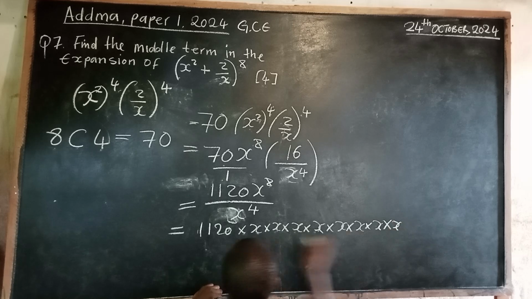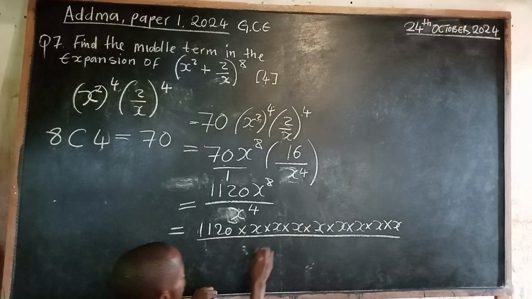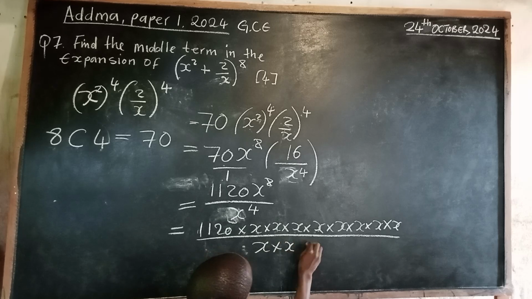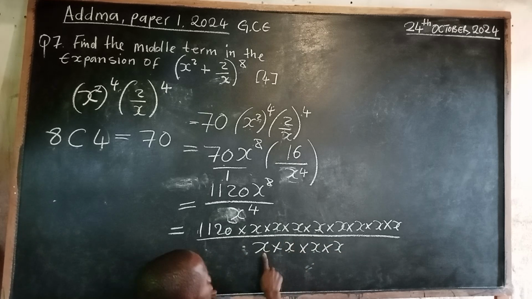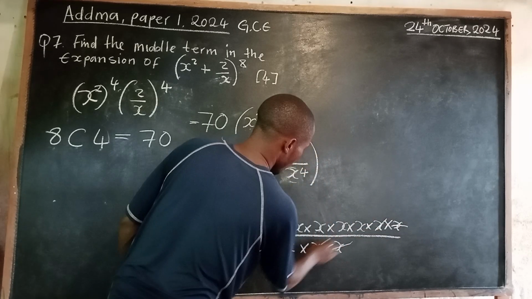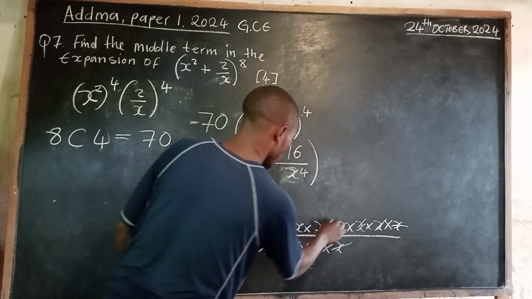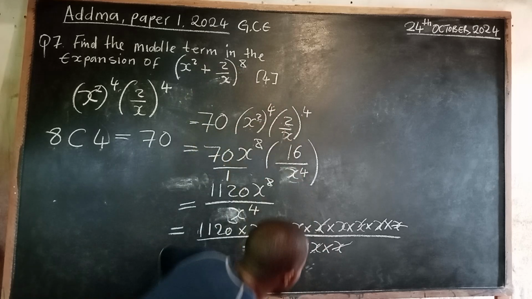I'm trying to expand this. Then down we have 4 x's: x times x times x times x. 1, 2, 3, 4. So we are going to cancel. This x will go with this one, and this one will go with this one, and this one with this one. So how many x's are we remaining with?